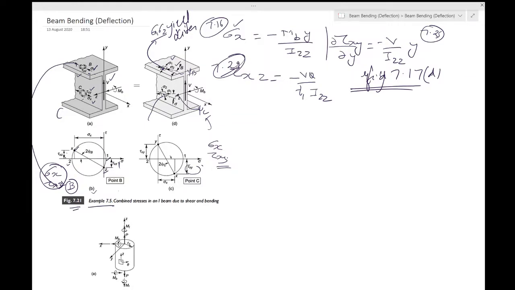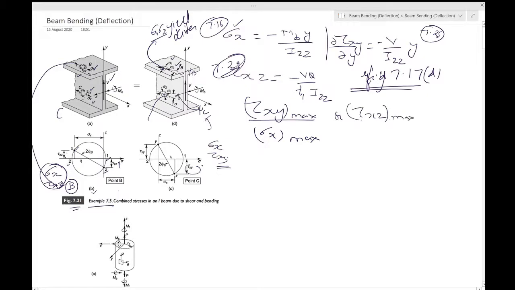In long slender beams, as pointed out in example 7.4, remember we had done this question about tau xy max divided by sigma x max. The greatest shear stress, tau xy or tau xz, so you know why tau xz would come in and where it would come in, would be an order of magnitude smaller than the greatest bending stress sigma x.